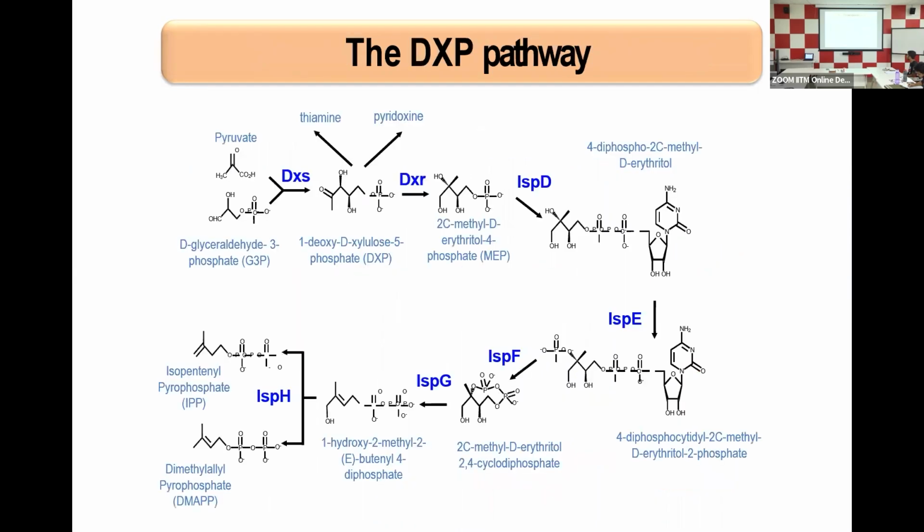Okay, there is one pathway in particular that is quite interesting that starts with pyruvate and ends in these two compounds here, called IPP and DMAPP, that, as you will see later, are important precursors for this final molecule that we want to obtain, that is artemisinin.